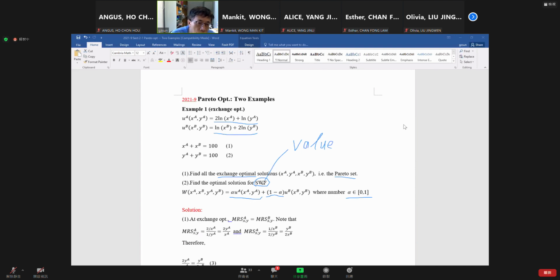At the same time, if we increase alpha, and treat Alice more and more like somebody, and treat Bob more and more as nobody, then we should give more and more of both goods X and Y to Alice. This is the intuition before we start with the mathematics.